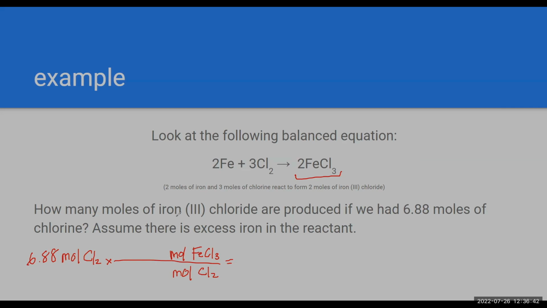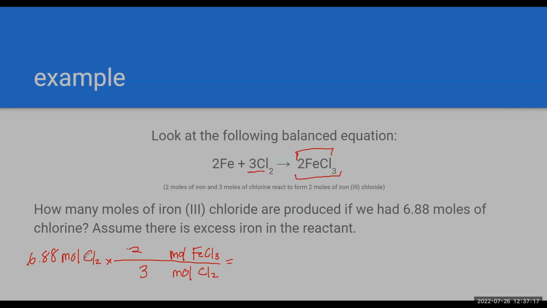So what I'm going to put on the bottom here is 3 moles of chlorine, which comes from this part. And then we're going to have 2 moles of iron 3 chloride. So what this conversion factor is really saying, for every 3 moles of chlorine that we have, we're going to generate 2 moles of the product, iron 3 chloride.